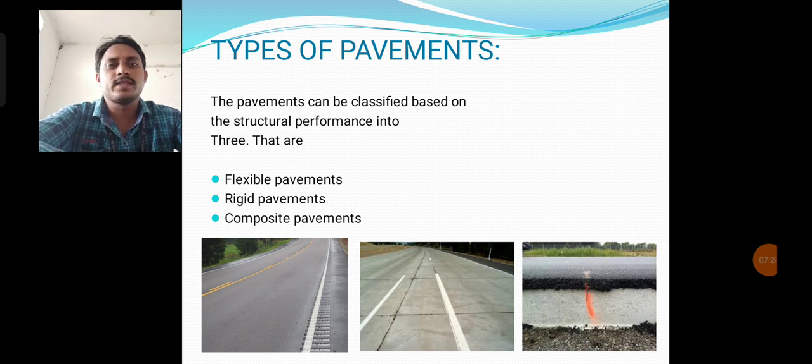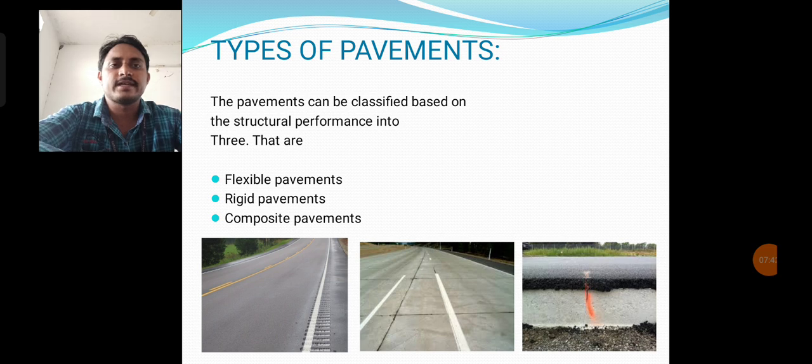If you observe the diagrams, each type has a separate diagram. For example, the first diagram is flexible pavement, related to bitumen. Flexible pavement is nothing but bitumen roads.